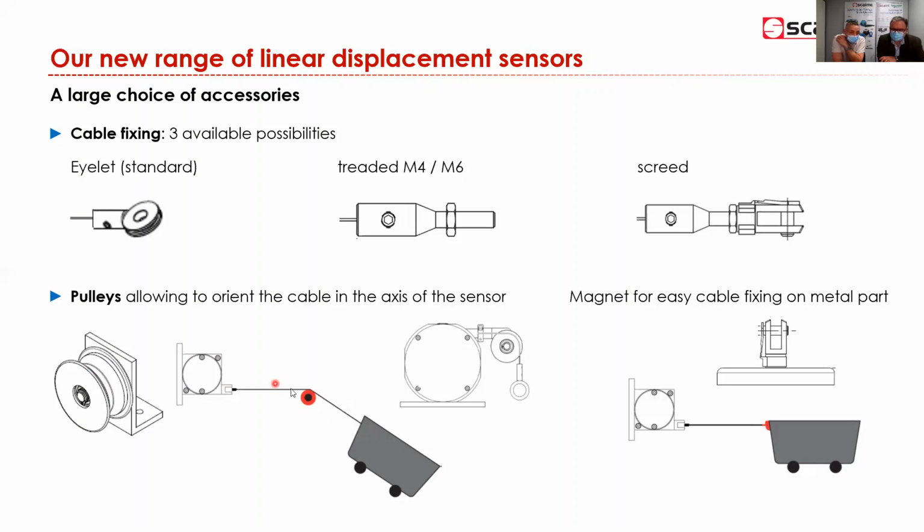So we can avoid a big angle at the output of the sensor. It's always important that the wire is aligned with the output of the system. We do not need a perfect alignment, but the better it is, the better.